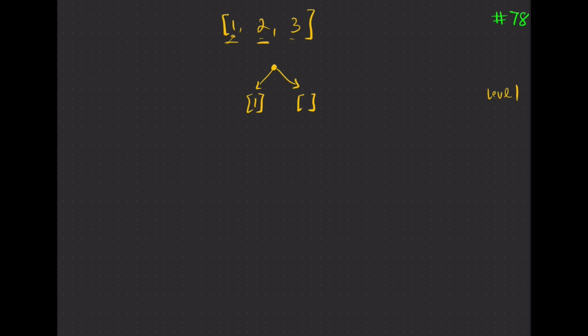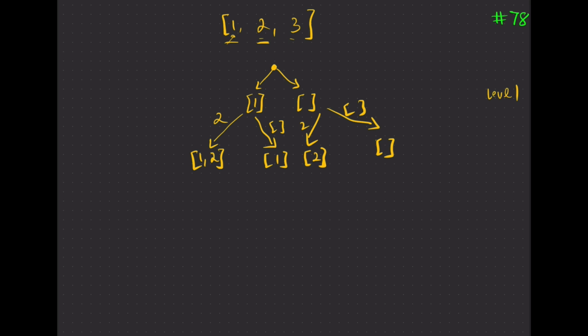And let's continue. After this point, the next choice is we either add 2 or nothing, right? So this part of the tree will become 1, 2. This part will become a single 1. Similarly, on this side, we either have a choice to add 2 or nothing. We add 2 here, and this would just remain nothing, right?